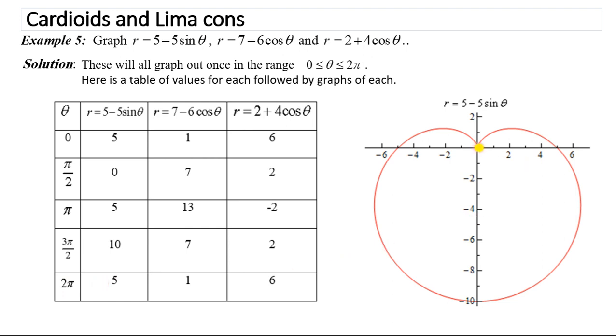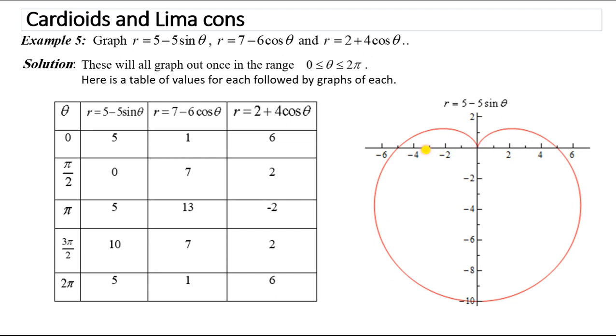If theta is in the heart equation, I always need theta 0, theta pi over 2, theta pi, theta 3 pi over 2, theta 2 pi. Always I need these theta values. If theta is 0, r is 5, this point. If theta is pi over 2, r is 0, this point.